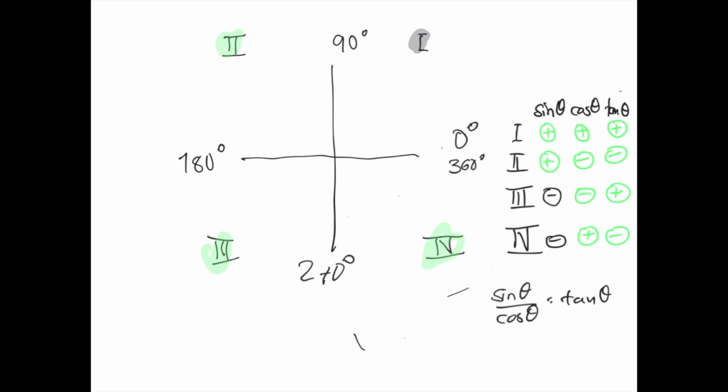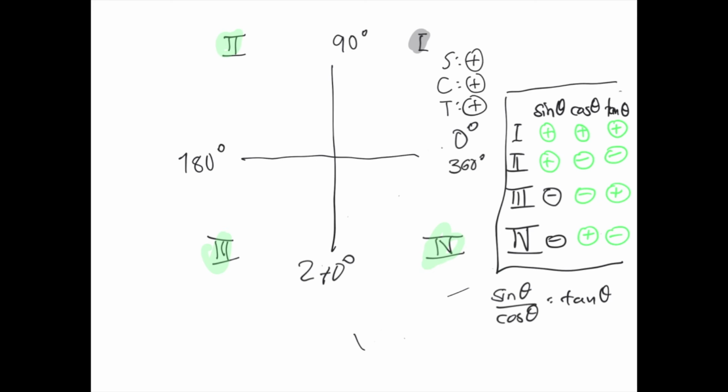Okay guys, so moving on, we can just eliminate the unit circle because it doesn't really help us that much anymore. But let's look at the table of results we got over here. Let's put them in this diagram again so I can memorize them easier. In the first quadrant, sine is positive, cosine is positive, and tangent is also positive, right?